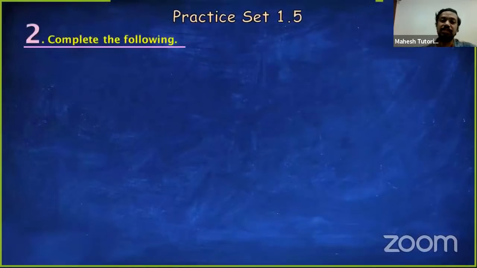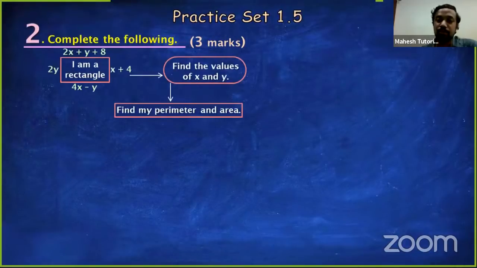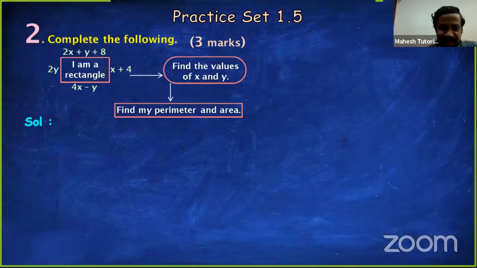Okay. Now moving towards the next sum. Practice set 1.5 main question number 2. Complete the following activity. Now students, look at the activity very carefully. The first part says, I am a rectangle. And we have been given certain measurements in relation to the sides of that rectangle.